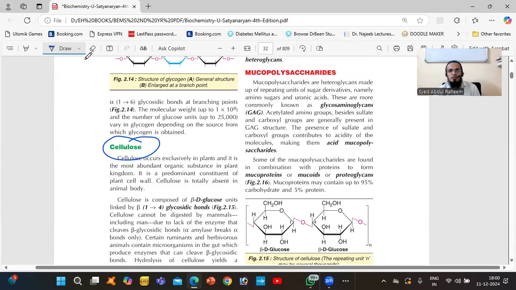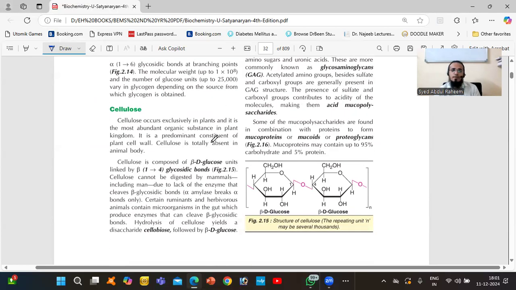Next is cellulose. What is cellulose? Cellulose is the most abundant organic substance in the plant kingdom. Starch, glucose, cellulose, everything is from plants, because we eat plant derivatives: their roots, stems, leaves, sometimes flowers, sometimes fruits.